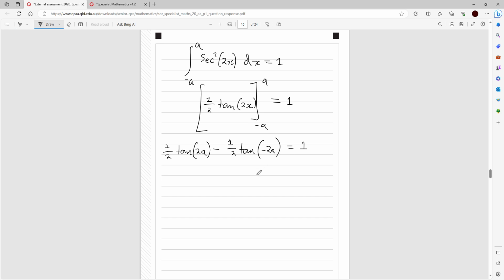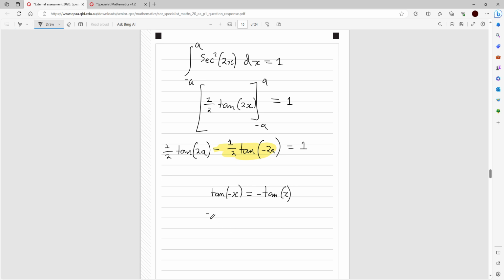Okay, so what we do now is pretty much we take a look at the trigonometry here. So recall tan is an odd function, so that means tan of negative x is the same as negative tan of x.